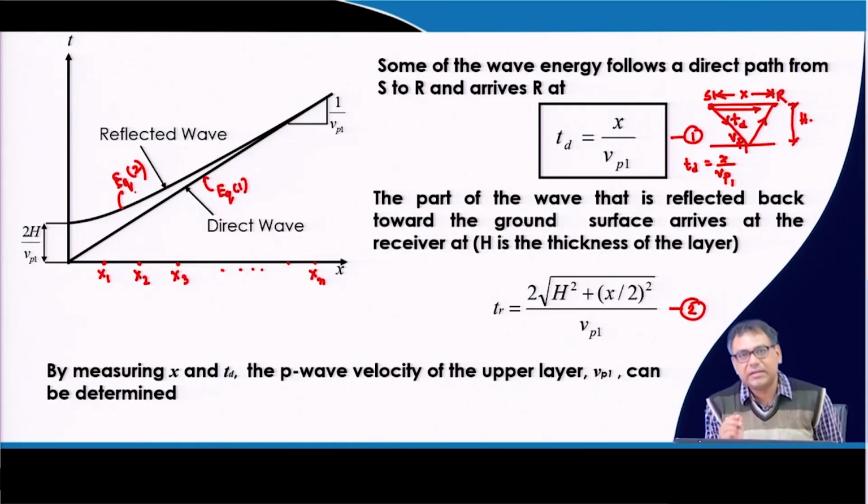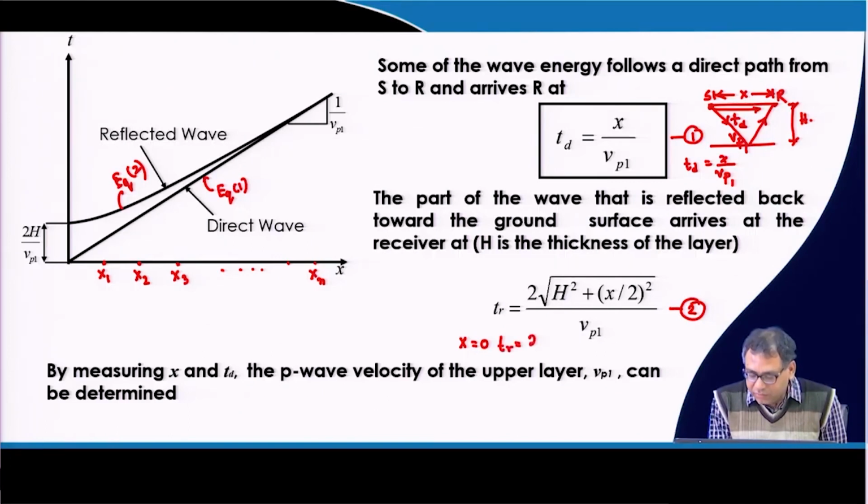Now, that means in this survey we have to measure the travel time of two waves, one is the direct wave, another is the reflected wave. Now, from this equation 2, if I put x equal to 0, then my TR will be equal to 2h by Vp1.